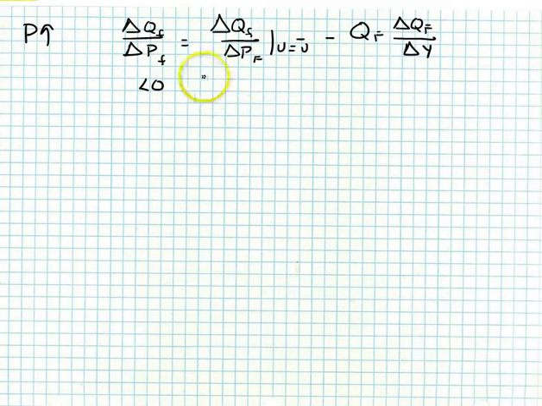Price goes up, quantity goes down. And it was due to the substitution effect, which said this is less than 0 too. As the price of food goes up, the quantity of food goes down, holding utility constant, meaning you substitute out of the own good. And then we saw that for a normal good, which meant as income went down because the price went up, quantity also went down.